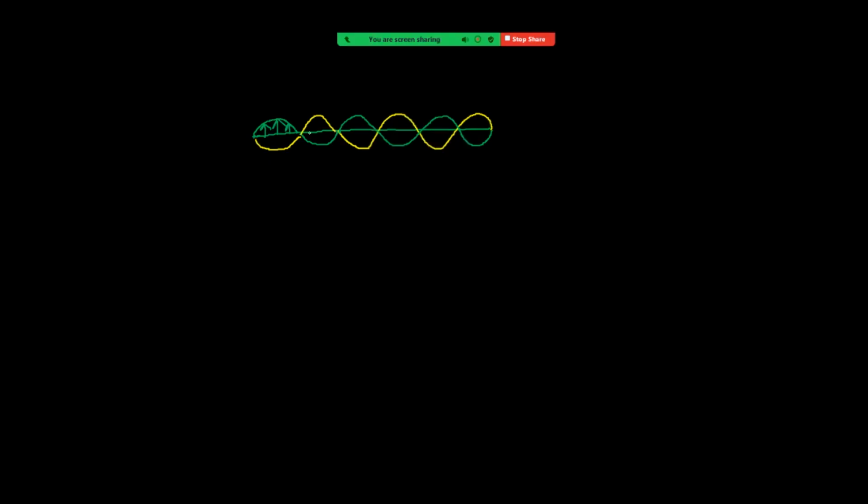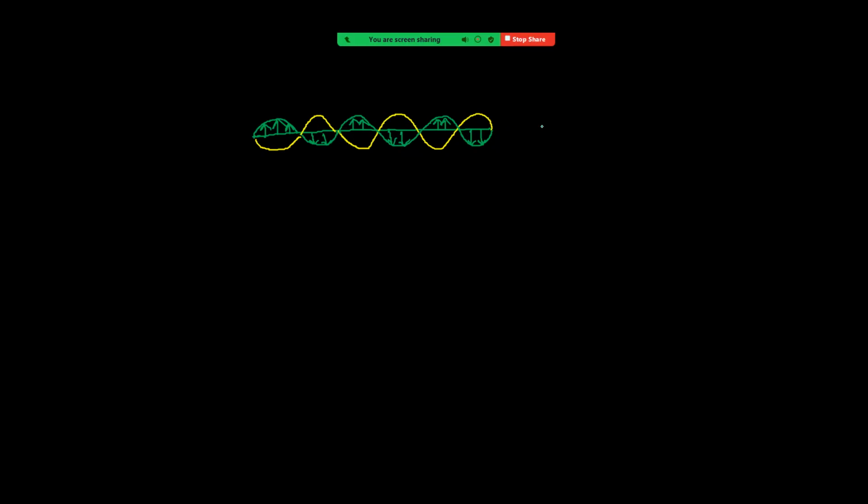Second loop all are moving down. Third loop all are moving up. Fourth loop all are moving down. Fifth loop all are moving up. Next one all are moving down. So at this instant shape must be that is now green color. This is the shape of the string, green color at this instant.